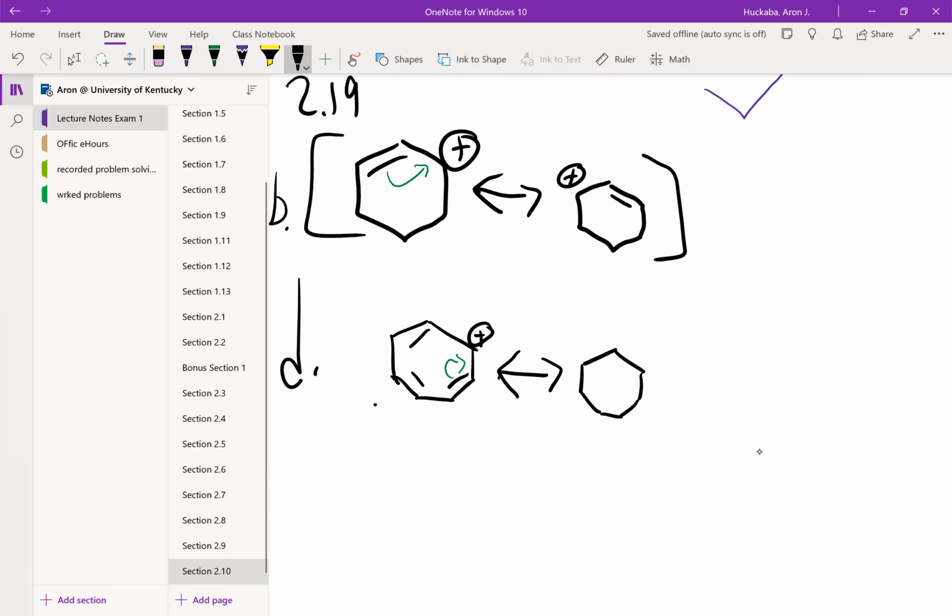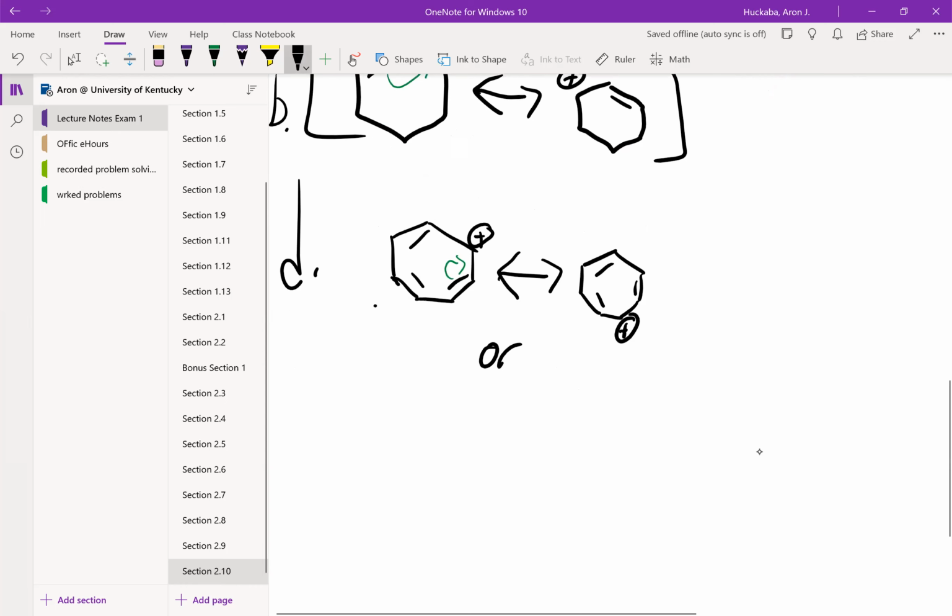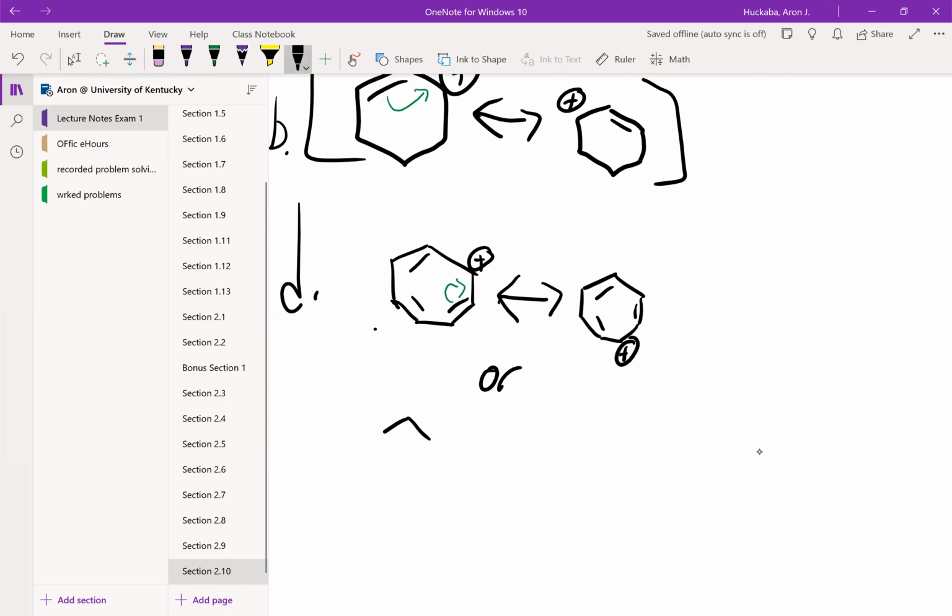Where now you have positive charge here, or it can be a little more complicated. Sorry, I gotta get better at drawing these. Maybe a different pen would work.